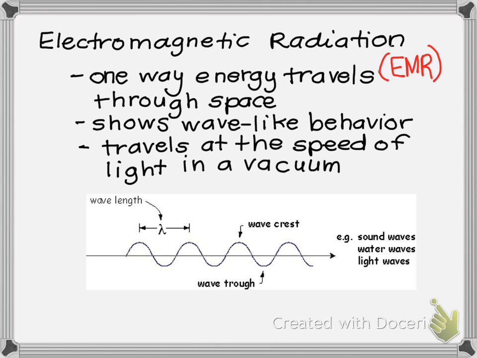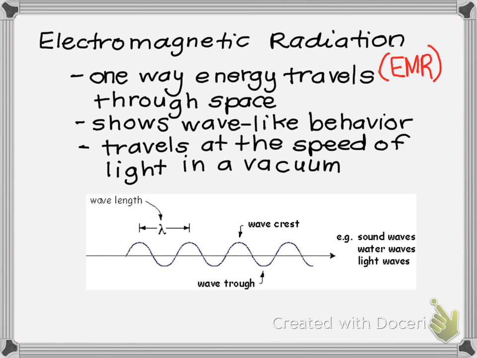But electromagnetic radiation could be an entire course in and of itself, and really to completely understand the electrons, we would have to investigate it a little bit more. If you take Chemistry 1, you will begin a more in-depth investigation of electromagnetic radiation. But for us, we're going to take a few of its characteristics and understand how it relates to what we see and how we can understand the electrons and their location a little bit better.